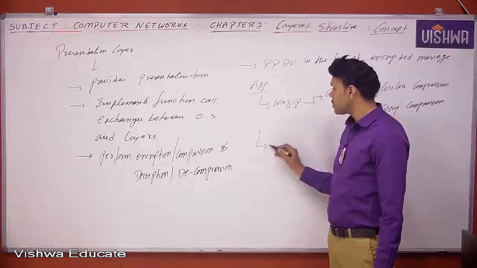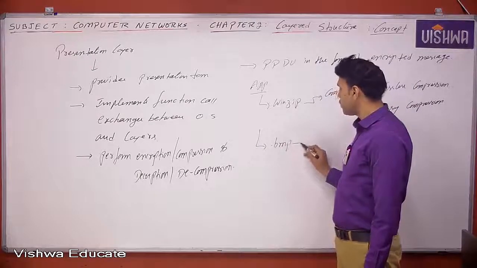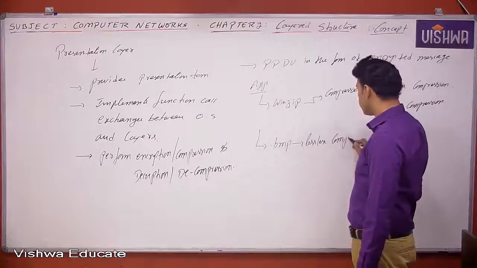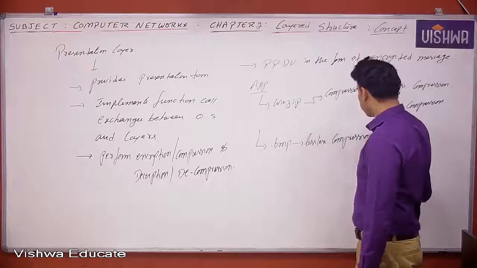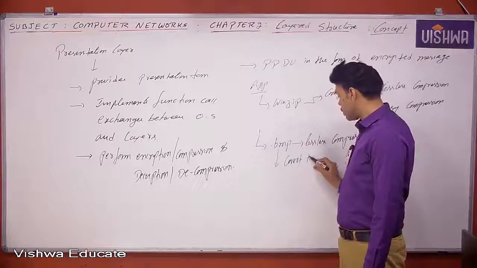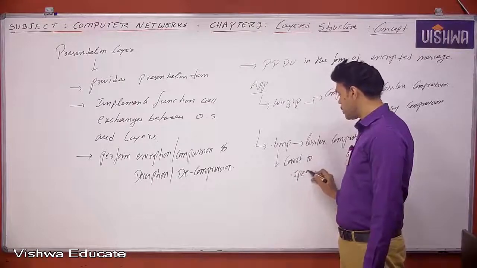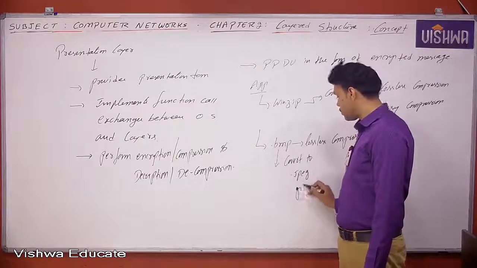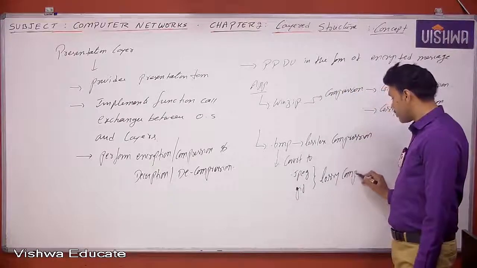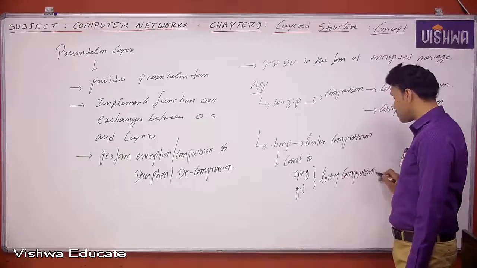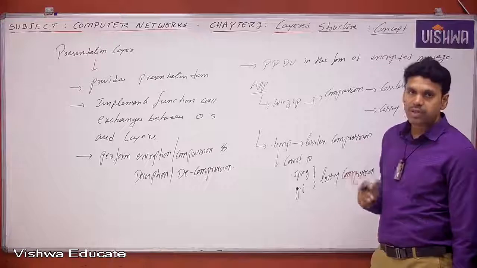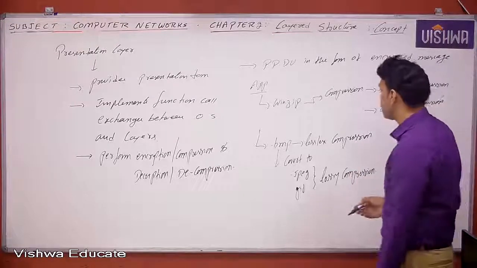Some of the compressions here: .bmp is lossless compression, you will get good clarity. Once you convert to JPEG or GIF, they are going to be lossy compressions because data, contrast and brightness will be lost. But anyhow, they are going to reduce the size of the image, no doubt.